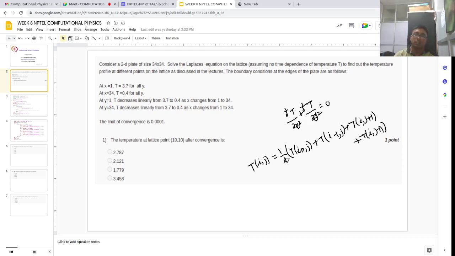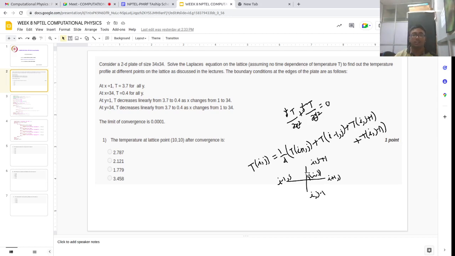So these are the nearest neighbor points for i, j, right? Let's say this is your i, j point. This will be the i+1, j point. This will be the i, j+1 point, and here it is the i-1, j point and the i, j-1 point.